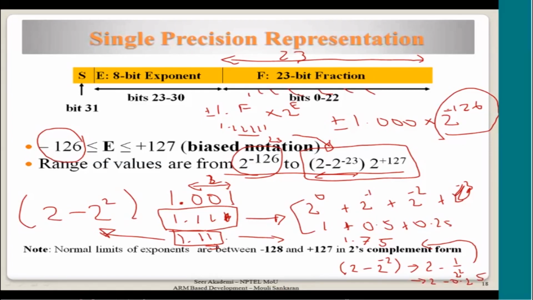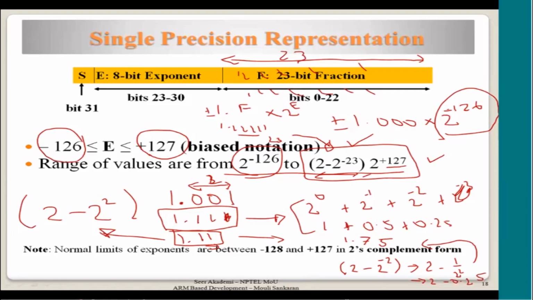Because 1.11 corresponded to this, then it will correspond to this value. Because I am trying to represent the biggest number possible, I need to put all ones in the fractional portion, and then the maximum exponent that I can have is 127. So this will correspond to the maximum positive number that I can represent.